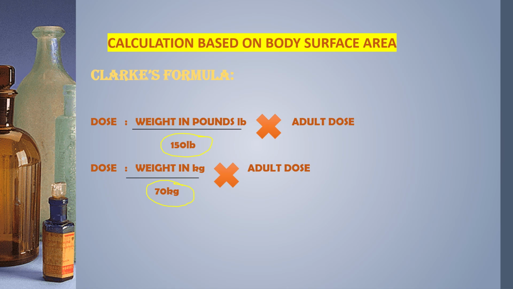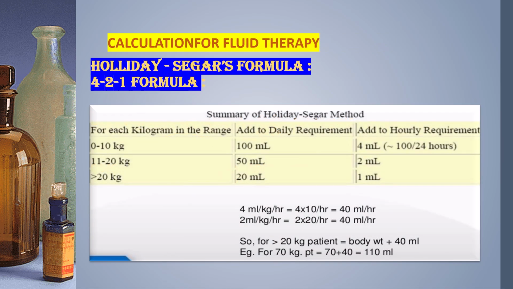Okay. This formula, why I have introduced is that this is a standardized formula called Holiday-Segar's formula or the 4-2-1 formula for fluid resuscitation or for fluid therapy. Now, you always remember, we have 3 divisions.